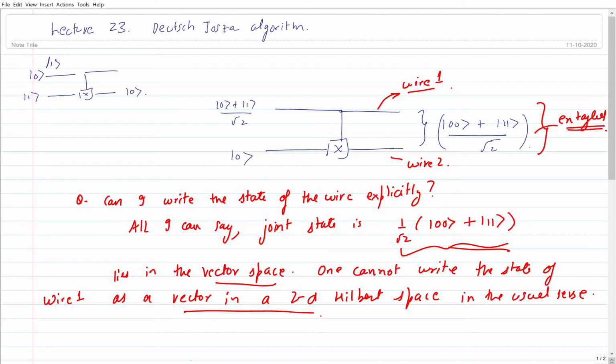So with that preliminary, we come to the Deutsch algorithm again.